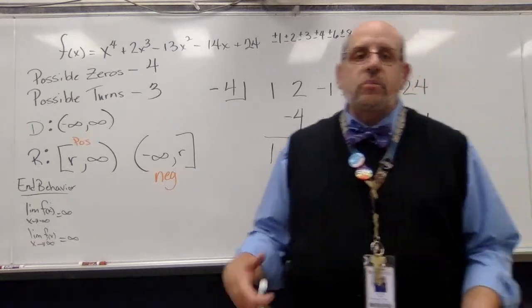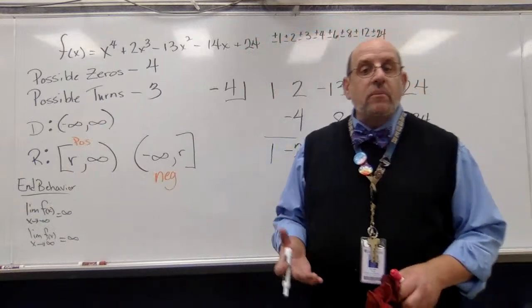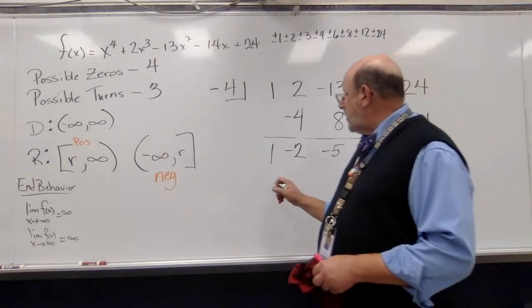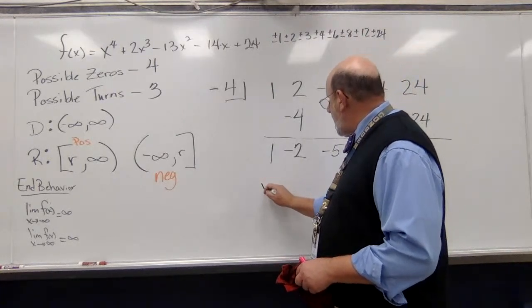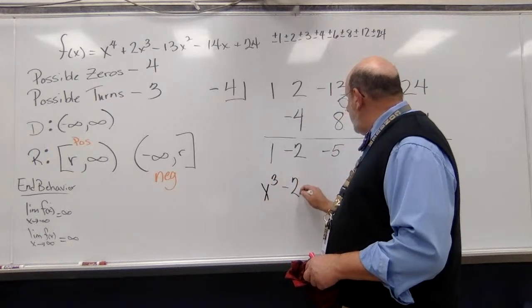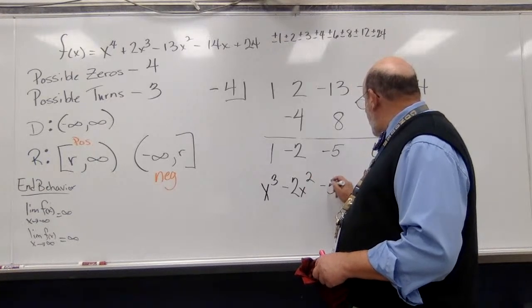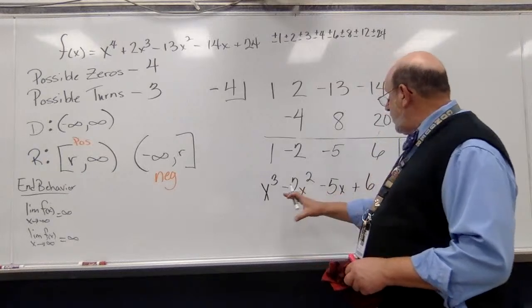Now, I did this because it takes us a long time to get there. And I may have made a mistake in the beginning. But look what I have left over. I have x cubed minus 2x squared minus 5x plus 6, right?